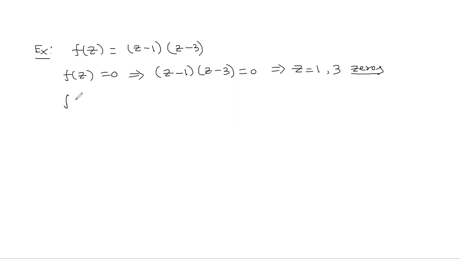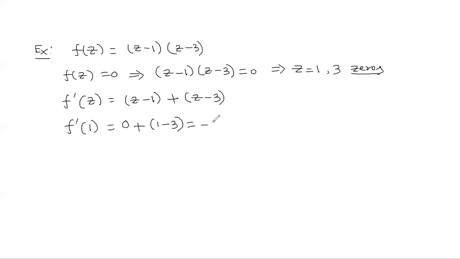Now we have to determine the order of the zeros. For this, we'll take f'(z). So what is f'(z)? It is (z minus 1) plus (z minus 3). So what is f'(1)? It is 0 plus (1 minus 3), that is minus 2, which is not equal to 0.